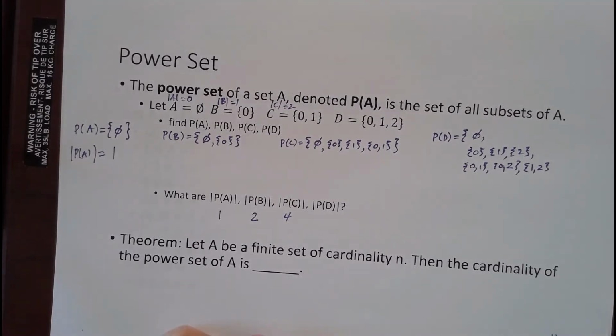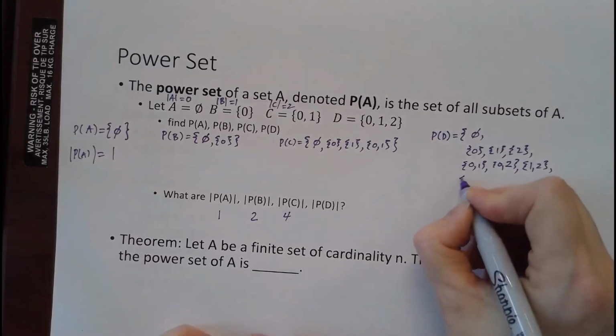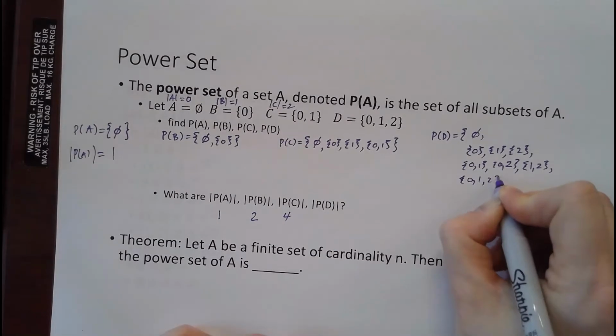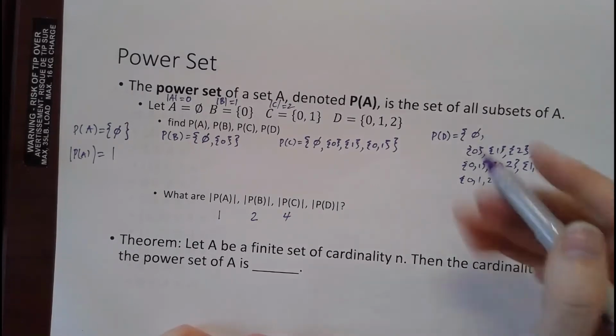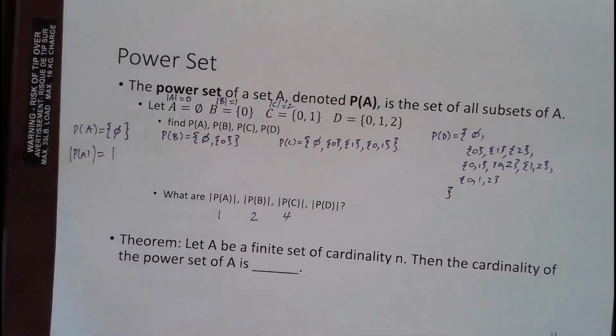Those are the only options that I have that are sets of size 2. Okay. And I could also have a subset of 3 elements, the whole thing. So 0, 1, 2. Okay. So these are all the ones with 0 elements. These are all the ones with 1 element, all the ones with 2, all the ones with 3. That's the end of my set.